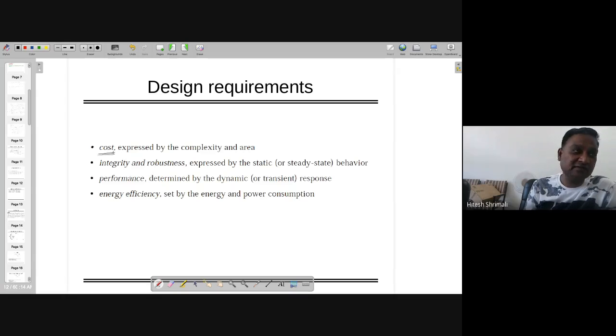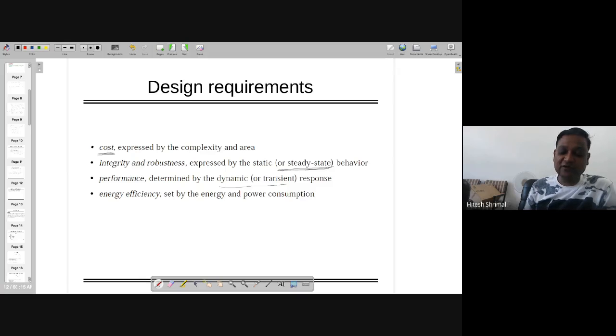It sometimes also depends on complexity. So you have to see overall how much area is being taken, so that cost can be reduced. Other than that, I am interested not only in the transient behavior, which is dynamic, but also in the steady state behavior, that after settling, whether it's going to digital logic 1 or digital logic 0.